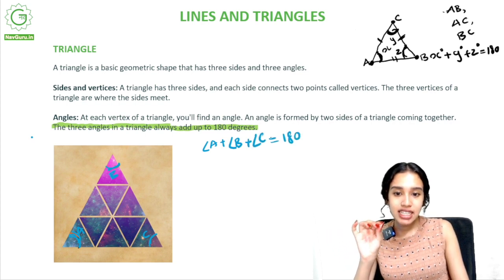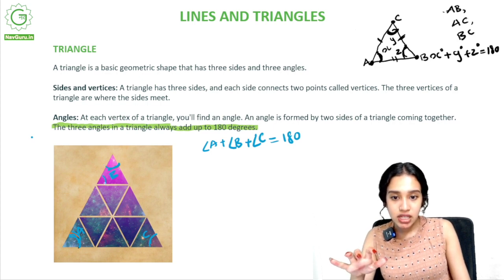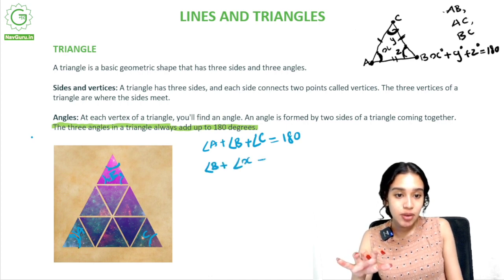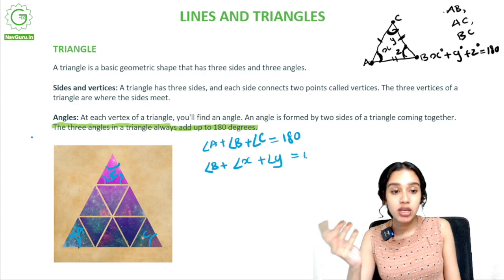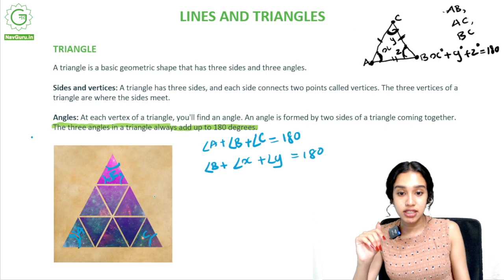Now if we take each of the triangles in here, in the same triangle too, this is angle X and this is angle Y. This angle B plus angle X plus angle Y would also be equal to 180 degrees. Why? Because it's forming a triangle, right?